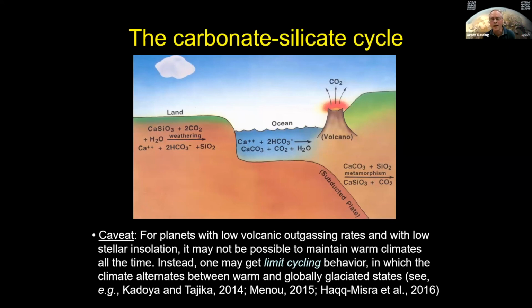Let me take the second one first because I think it's easier. We've been going through glacial, interglacial cycles for the last several million years, the Pleistocene ice ages. But these are little puny glaciations where the polar caps expand and come down to about 45 degrees latitude and then go back up.